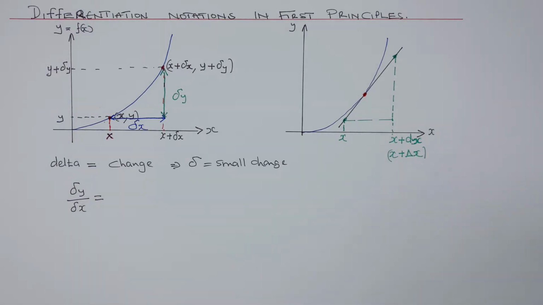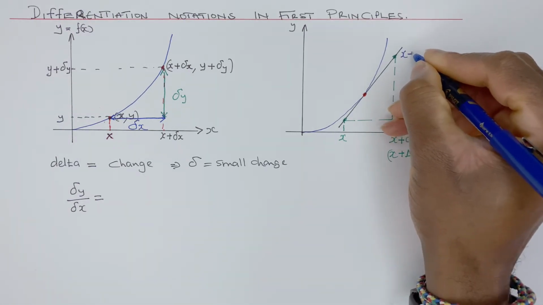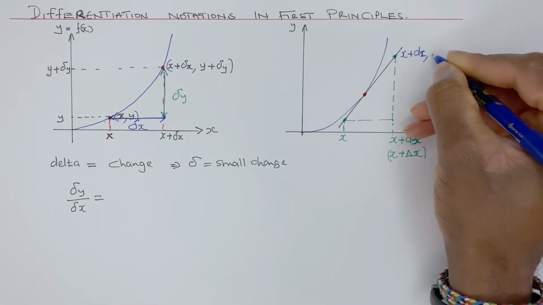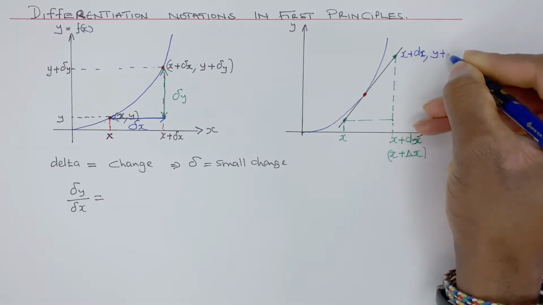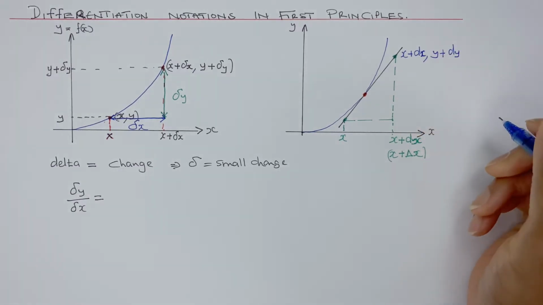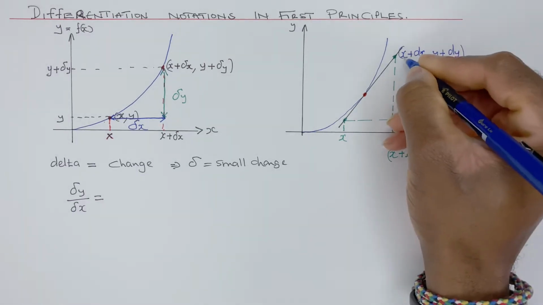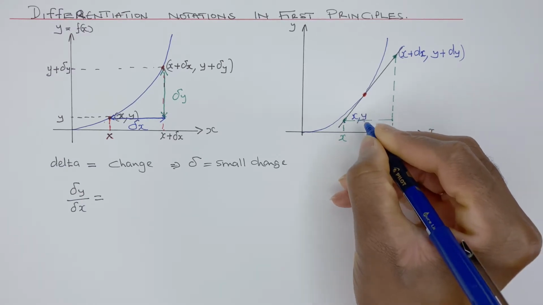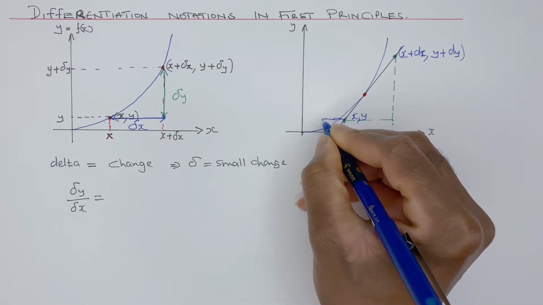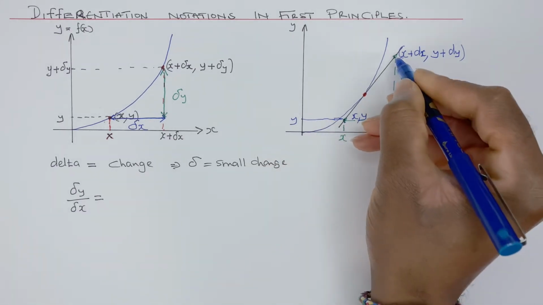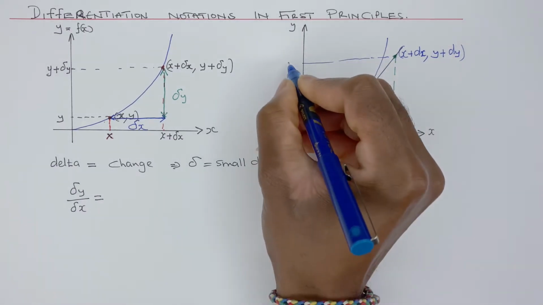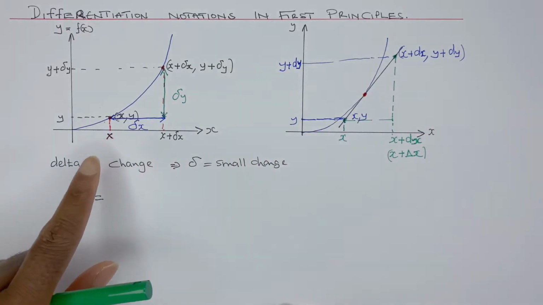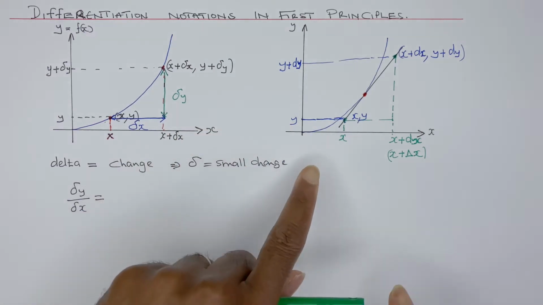So the coordinate here will be x plus dx, not delta, but d, and y plus dy. And the coordinate here will be x and y. So that's the difference between the small delta and the capital delta.